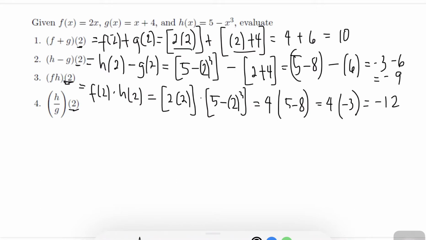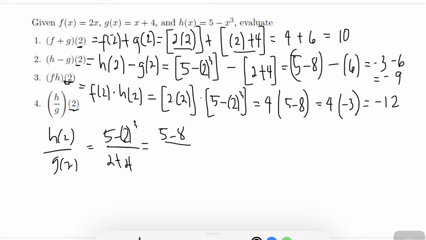Okay, and last, this is h of 2 over g of 2. H of 2 is 5 minus 2 cubed, over g of 2 is 2 plus 4. So this will become 5 minus 8 over 6, negative 3 over 6.